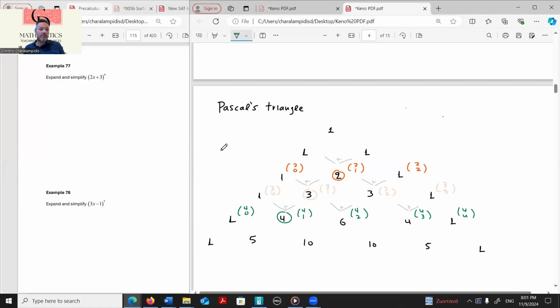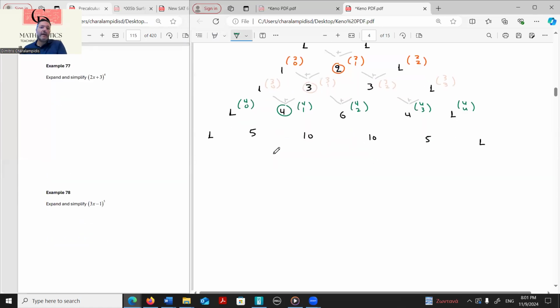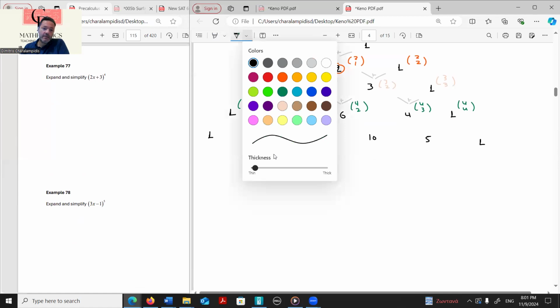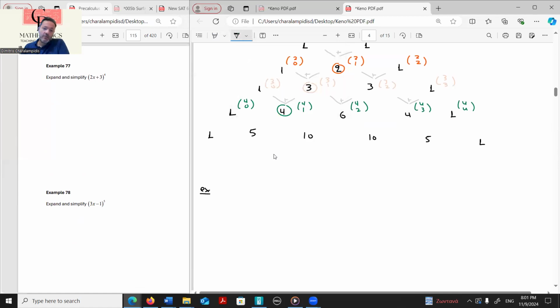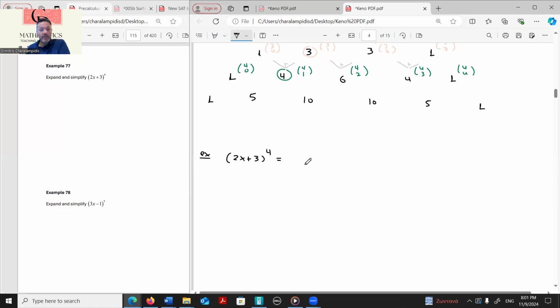Let's see some examples. Expand and simplify (2x + 3) all to the power of 4. At first, we will do the expansion part. The expansion part simply relies on applying the formula.